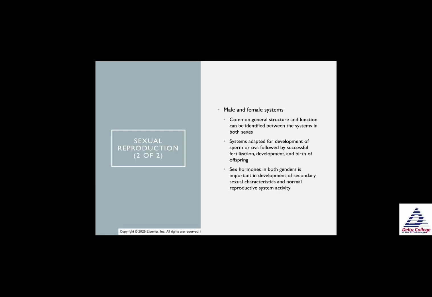Systems adapted for the development of sperm or ova, followed by successful fertilization, development, and the birth of offspring. Sex hormones in both genders are important in the development of what we call secondary sexual characteristics. This could be feminizing or masculinizing, and normal reproductive system activity.